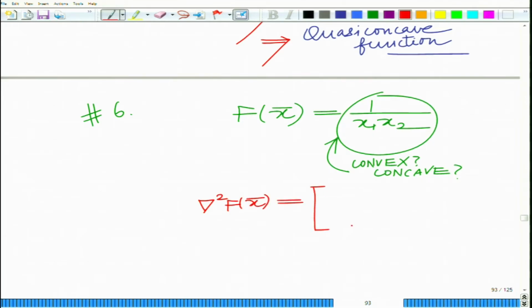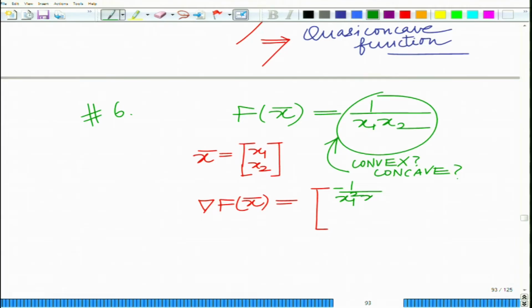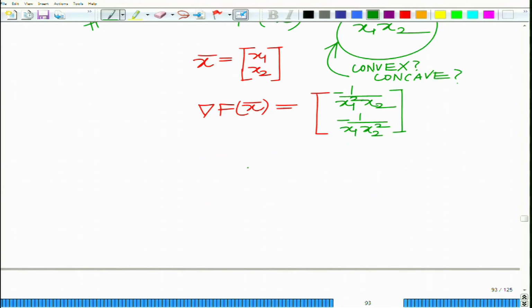Let us first start with the gradient. X bar is again a 2-dimensional vector, a function of 2 variables x1 x2. So, the derivative with respect to x1 will be minus 1 over x1 square x2, and the derivative with respect to x2 will be minus 1 over x1 x2 square.